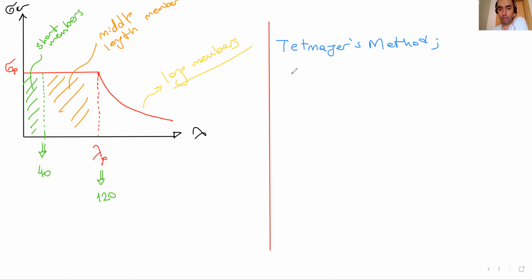Here we have critical stress. For this critical stress, we have an empirical equation, C1 minus C2 lambda. For steel, sigma critical equals minus. Here this equation has this unit.